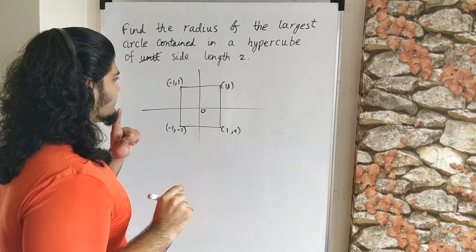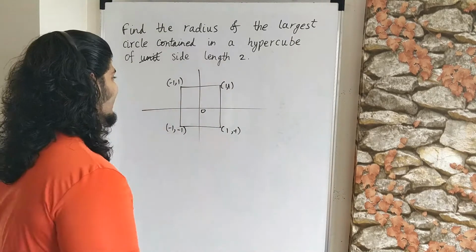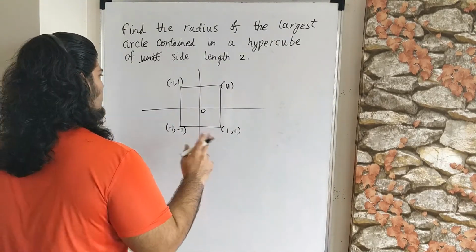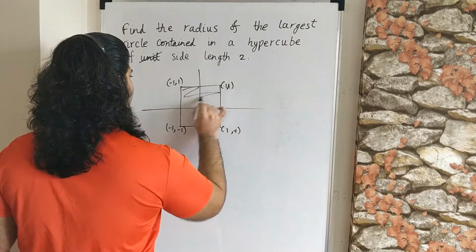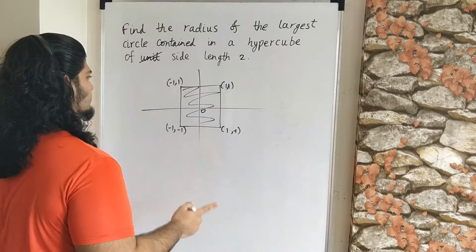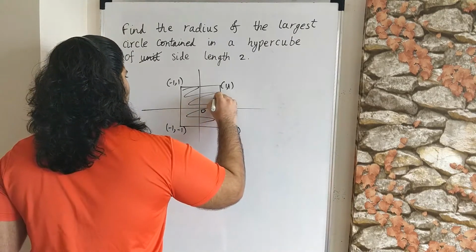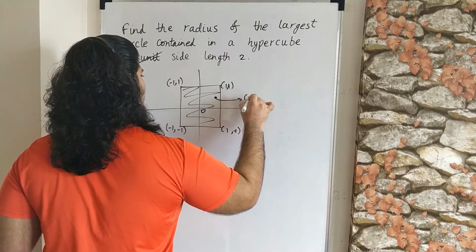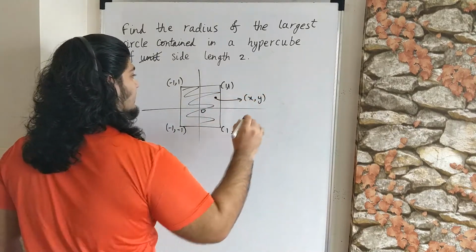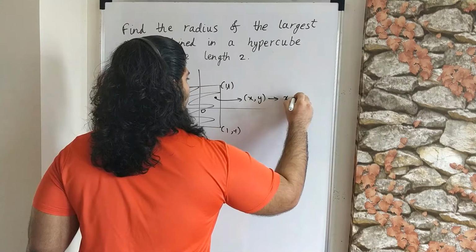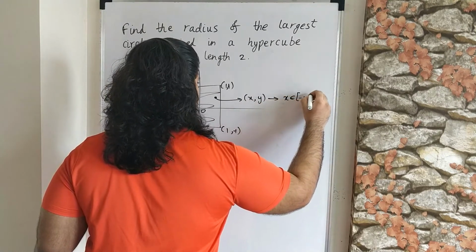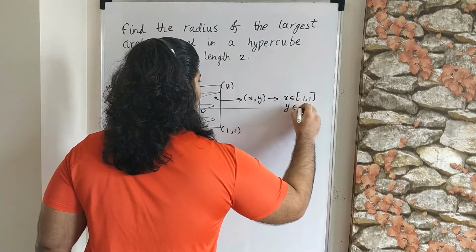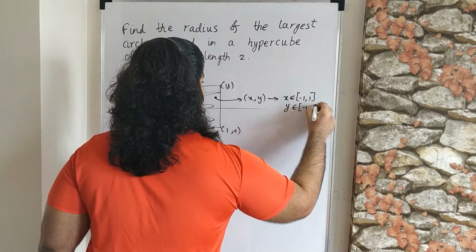So the square, or rather the interior of the square, is all the points which are over here. And well, how do we define those? If you notice, any point over here with coordinates x, y satisfies that x is in [-1, 1] and y is also in [-1, 1].